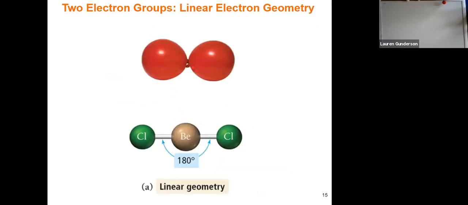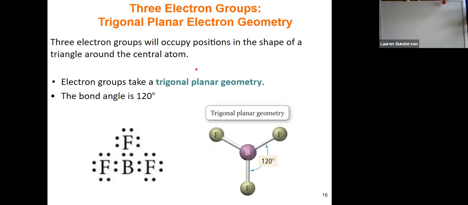And this is what this looks like as an actual, it's supposed to be a more realistic representation of what you would be looking at there in terms of the negativity. Now, if you have 3 electron groups, that's trigonal planar electron geometry.